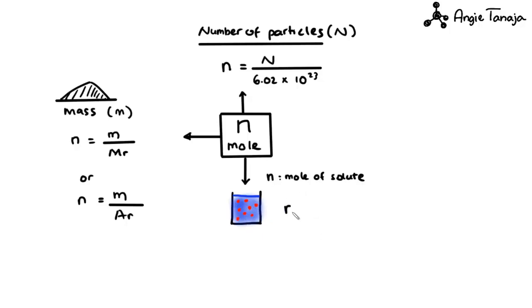So the mole of the solute is equal to concentration times by the volume. So C is the concentration of the solution, and V is the volume of the solution.